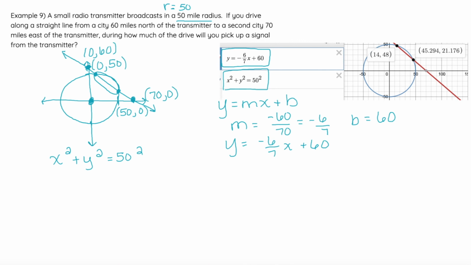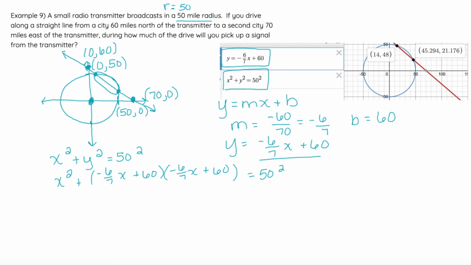Therefore, I'll have x squared plus, well, I know y squared, my y value is here, so negative 6/7 x plus 60 times itself, since there's two of them, still equals 50 squared.